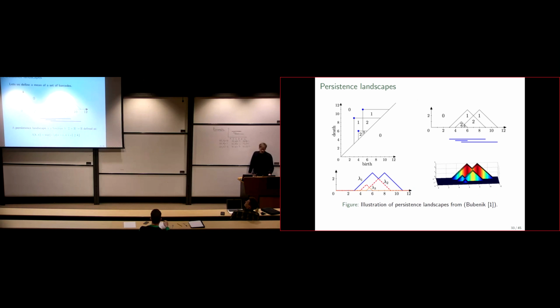Right, then, so what we computed here is what you can see in this picture down here. It's the first persistence landscape, which they denote here by lambda 1, and it's outlined in blue here. And this is exactly what we computed. So these are the values that you can see on the board.